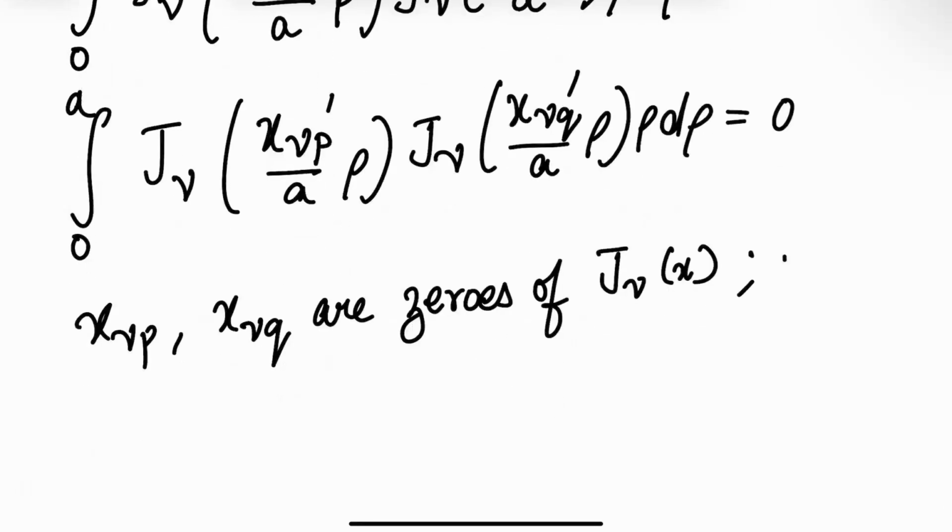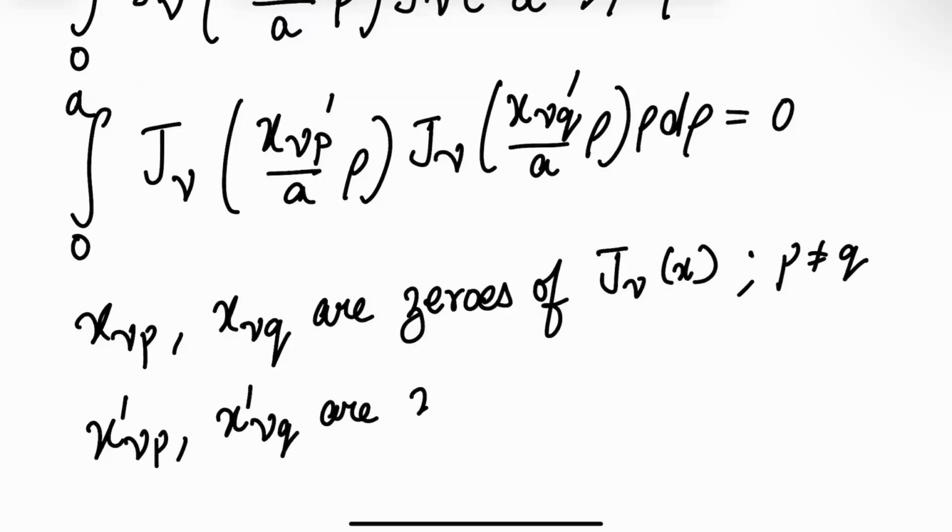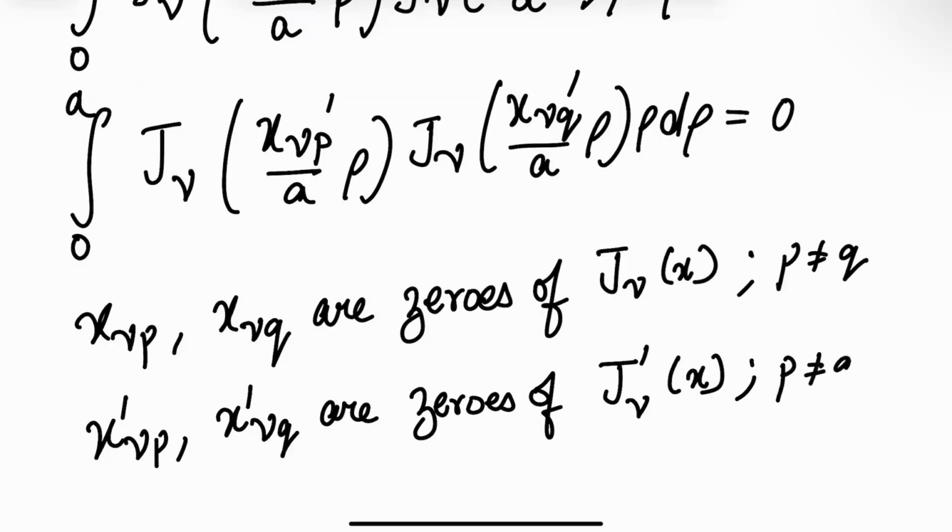Here we are also assuming p is not equal to q. Okay, that's when you have orthogonality, of course. x'_νp and x'_νq are zeros of the derivative of the Bessel function. And again, p is not equal to q.